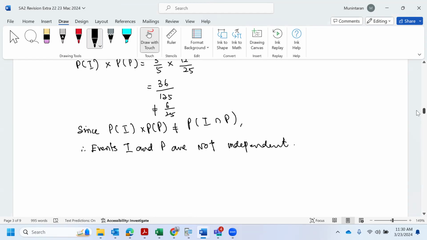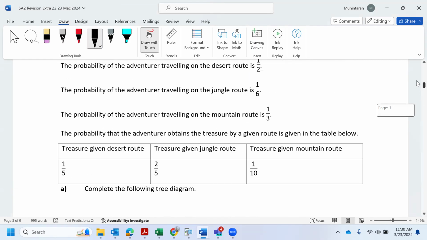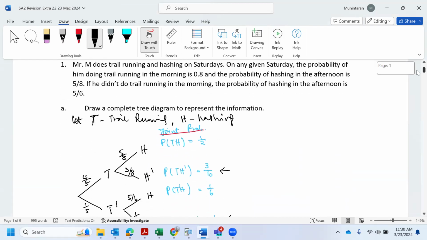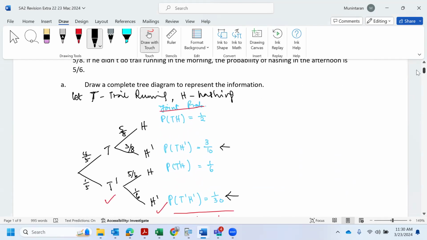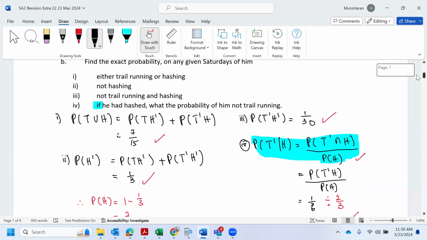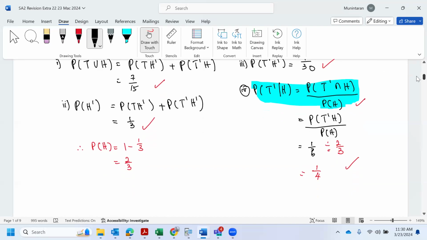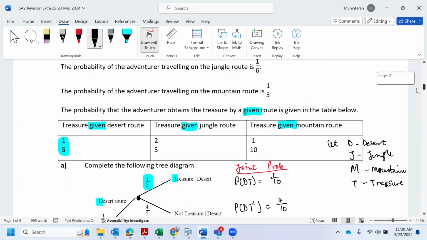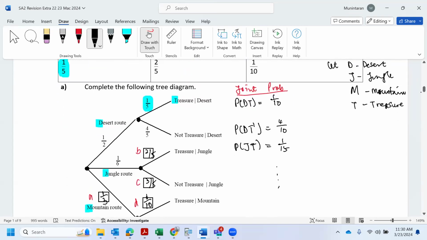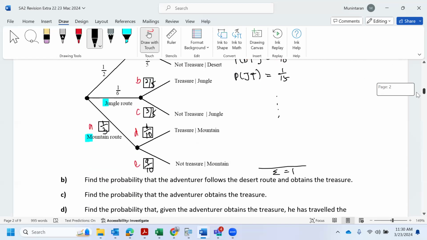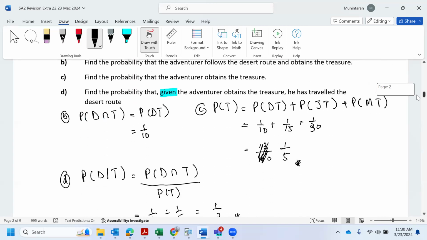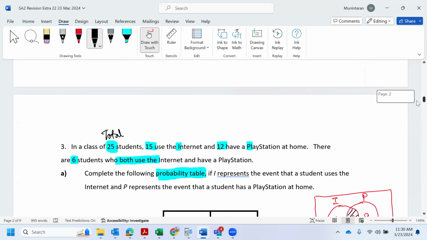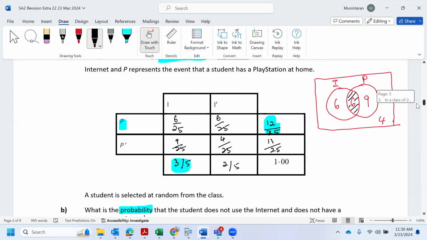Since I did not record just now, I'll just do the screen for the answer. All right, question 1, Part B. Question 2, Part B, C, and D. Question 3, the beginning part.